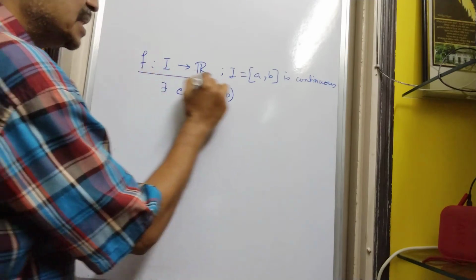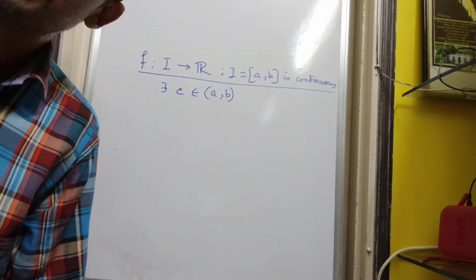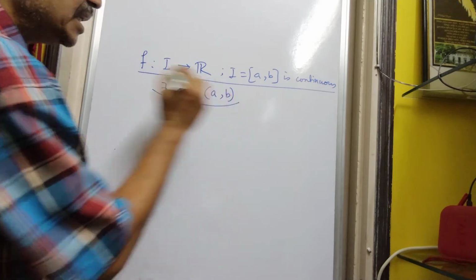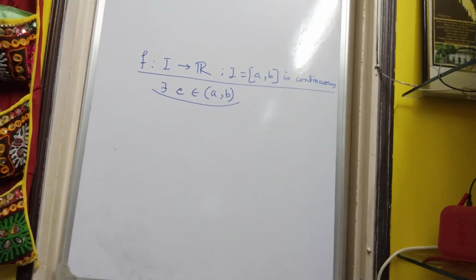This is the prerequisite. For any real valued continuous function which is defined on a closed and bounded interval, we have a point in the open interval. We leave these two endpoints.